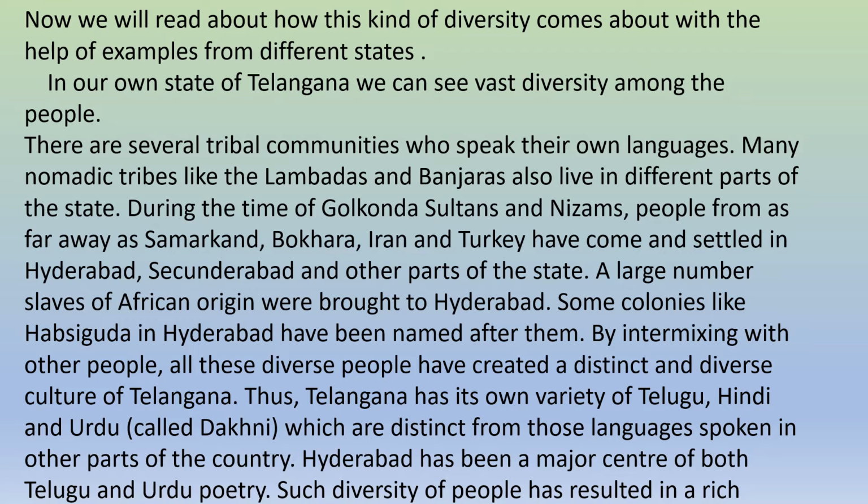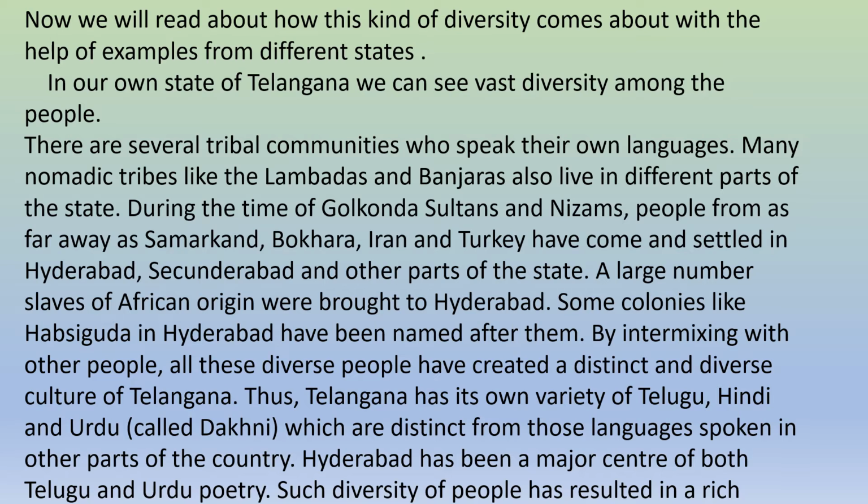In our own state of Telangana, we can see vast diversity among the people. There are several tribal communities who speak their own languages. Many nomadic tribes like the Lambadas and Banjara also live in different parts of our state. During the time of the Golconda Sultans and Nizams, people from as far away as Samarkand, Bukhara, Iran and Turkey came and settled in Hyderabad, Secunderabad and other parts of the state.